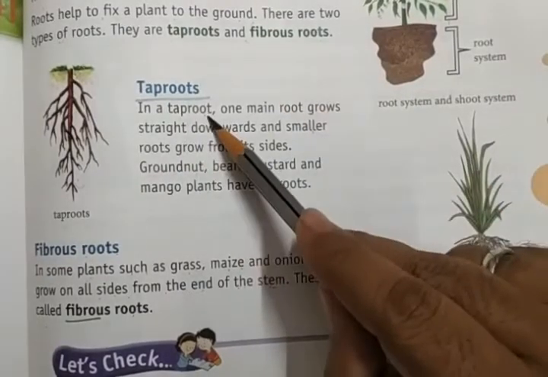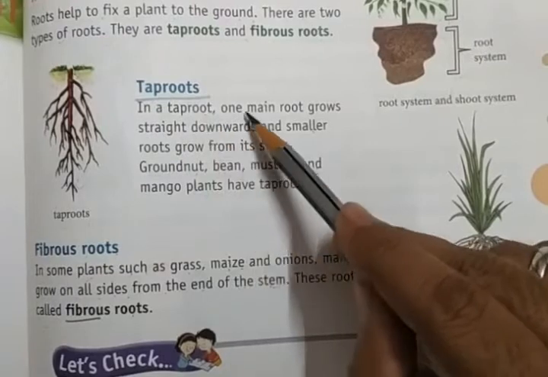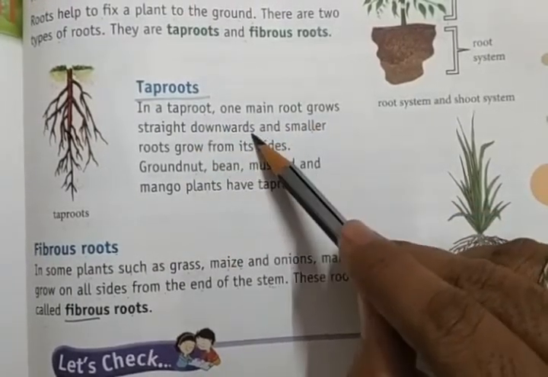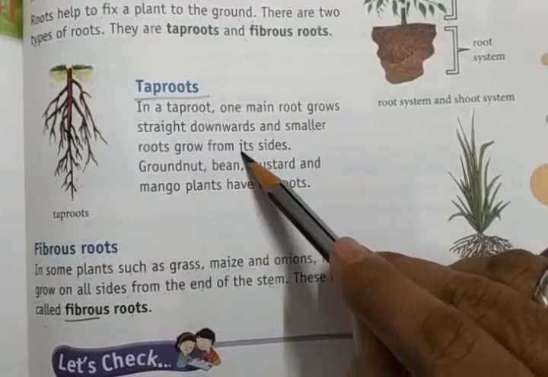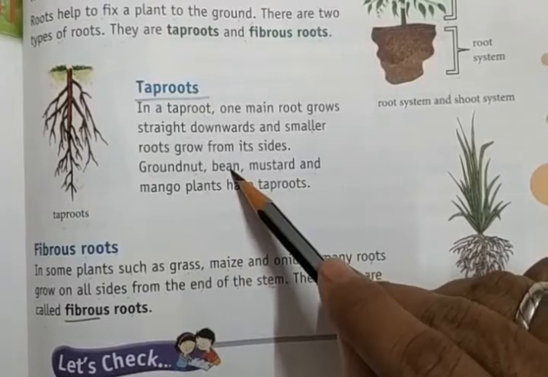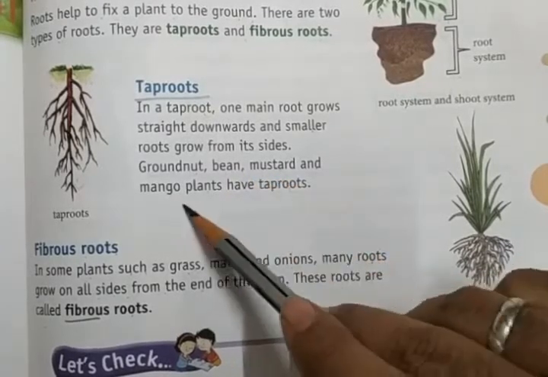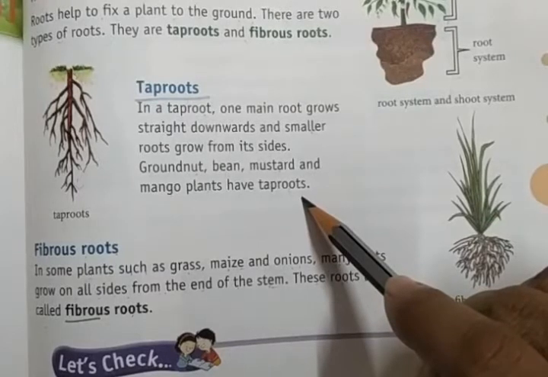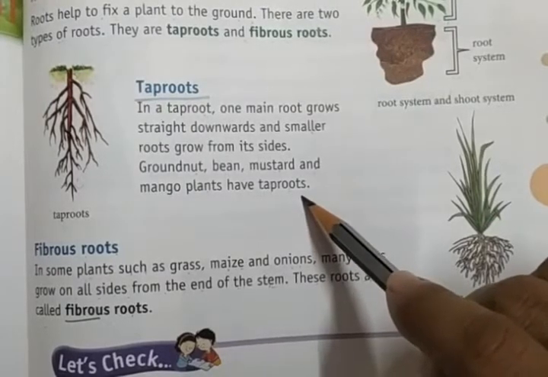In a tap root, one main root grows straight down, and smaller roots grow from its sides. Groundnuts, bean, mustard and mango plants have a taproot. Those are the examples for taproots.